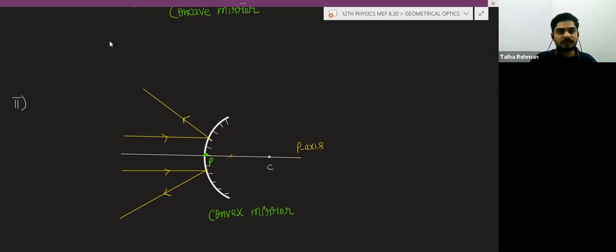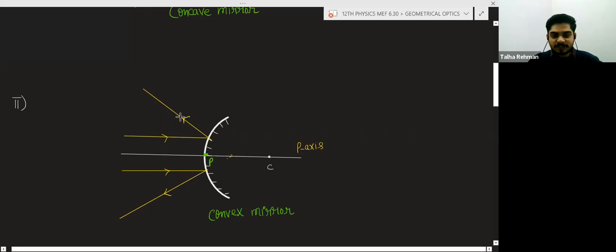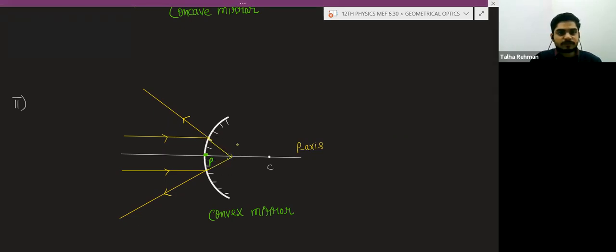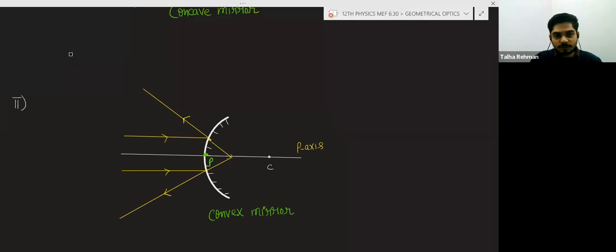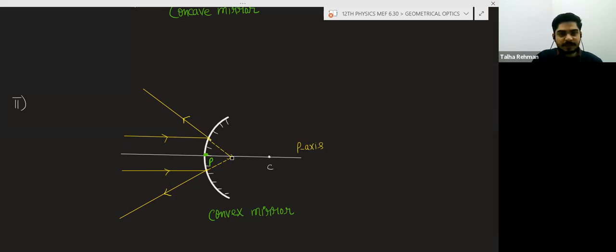But when you produce these diverging rays backward, like this, you have produced these diverging rays backward, and they are meeting at a common point.